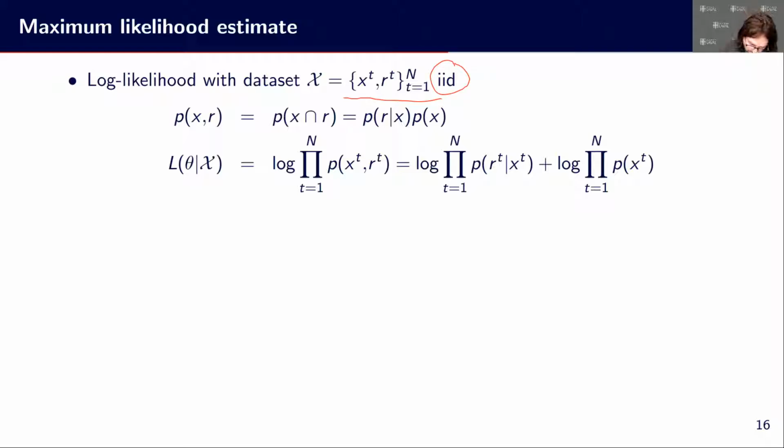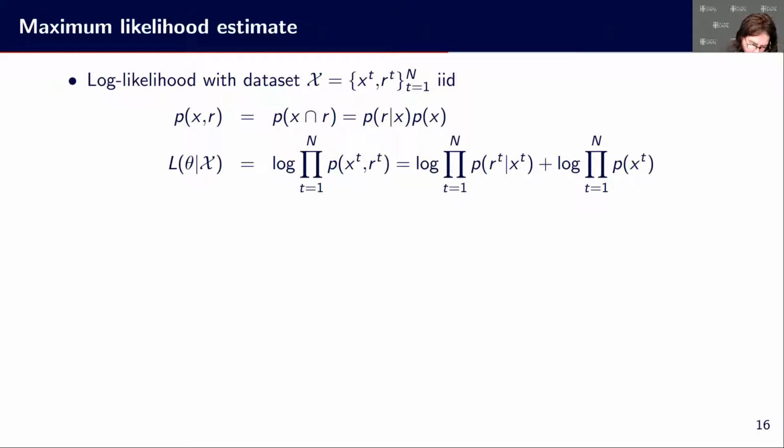So let's use the likelihood here, p of x and r, which is basically the joint of getting x and r at the same time. We can develop this as the likelihood of getting r given x times the likelihood of getting x. So we have two likelihoods that we are multiplying together to get the p of x and r.